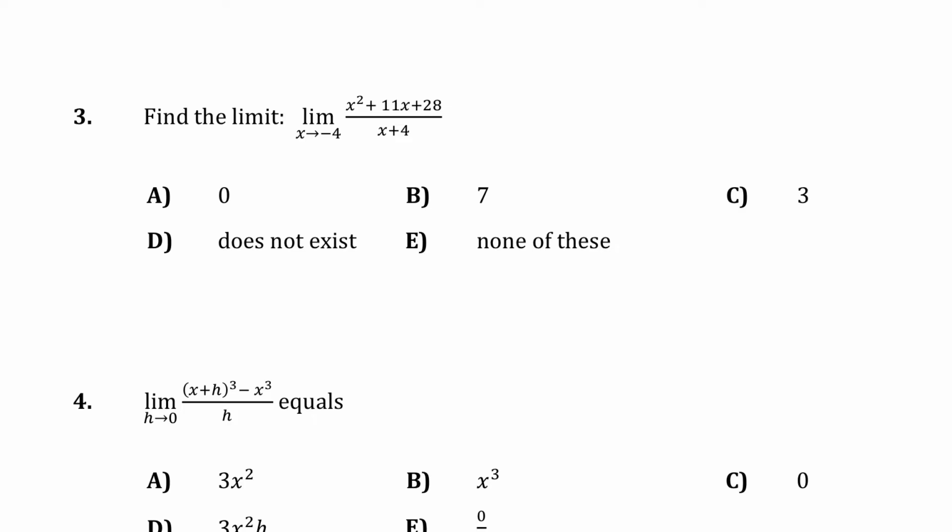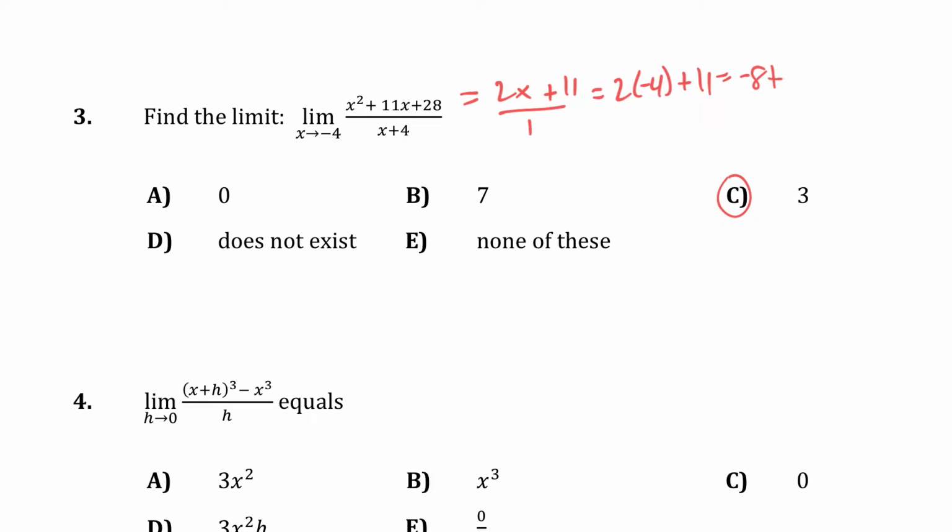The derivative of the numerator is 2x plus 11, and the derivative of the denominator is just 1. Then that would be 2 times -4 plus 11, which is -8 plus 11, which is 3. Okay, cool.